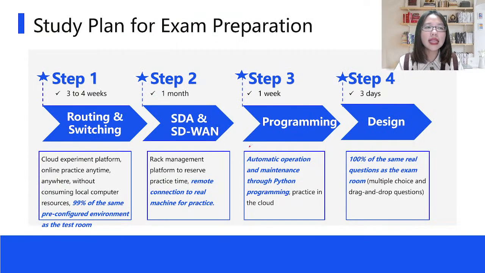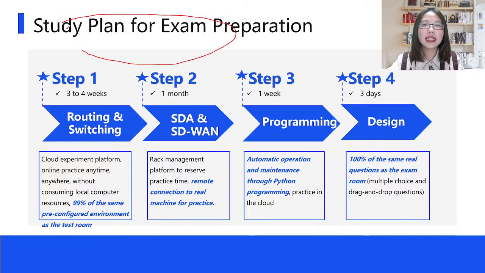So this is our study plan for everyone to pass the EI Lab exam at one time. As the CCIE EI Lab has 2 modules, we deliver lab service and learning material in stage. The first stage, we will send routine switching solution and REG. The learning cycle is 3 to 4 weeks.